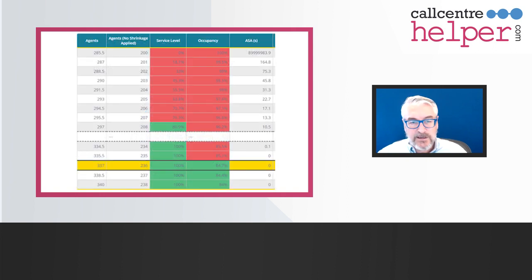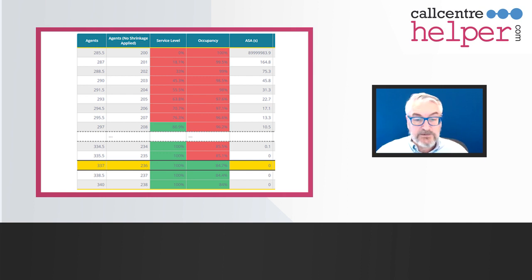So when you're doing a calculation, for instance, if you use the Call Center Helper Erlang calculator, then what you'll see is we'll always give two figures. So for instance, if you didn't factor in occupancy, you could meet an 80% service level with say 208 agents. But by the time you factor in 85% occupancy, that actually says you need 236 agents.